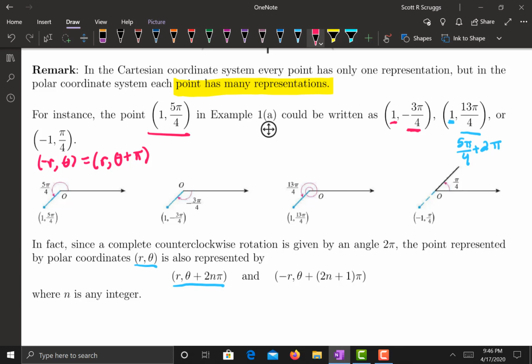And I can also do the following. Switch to a negative sign, but now add to theta, the angle that I have, 2 times the integer plus 1 times pi. And the reason why that plus 1 is there is that's corresponding to that property from before, that if I rotate by an extra 180 degrees, I get back that point. So that's where that plus 1 is coming from.